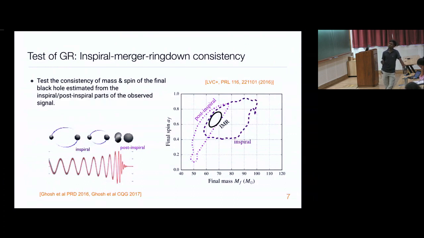The way we search for such a signal is by checking the phase. We use a technique called matched filtering, where we match the phase of the template waveform with the actual data. Any deviation from the underlying theory will modify the template waveform. So when we estimate the parameters of these binary black hole merger events, if the underlying theory is different from GR, then there will be a systematic deviation in the estimated parameters.